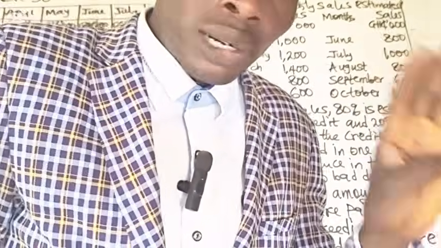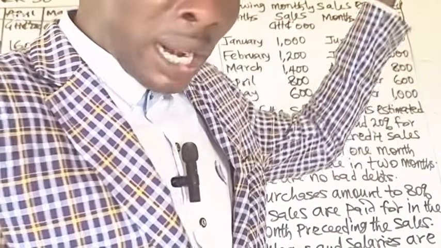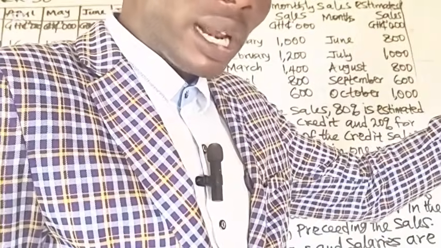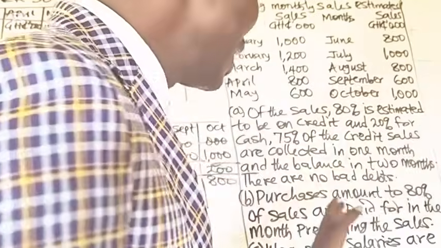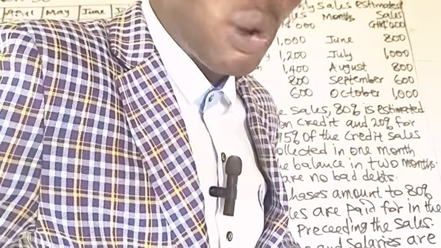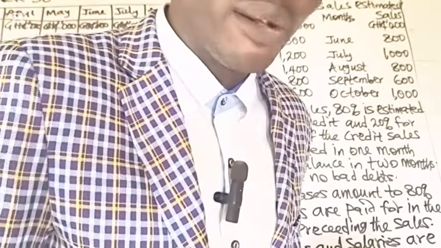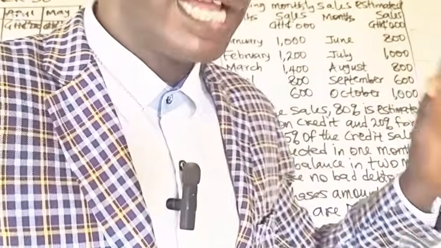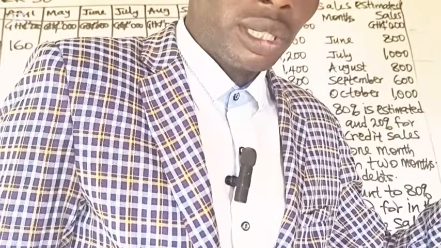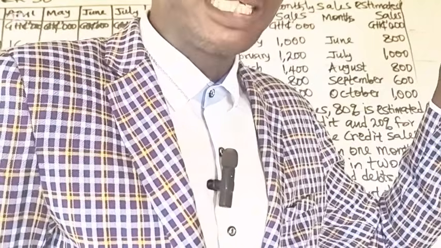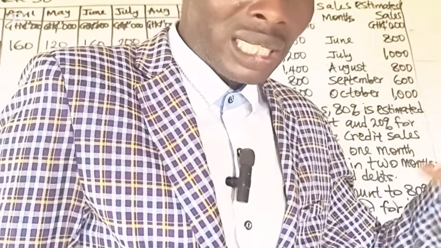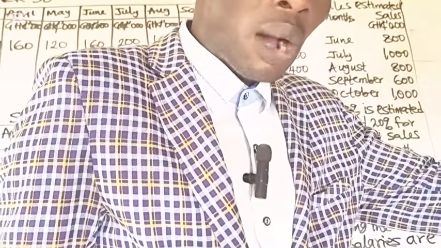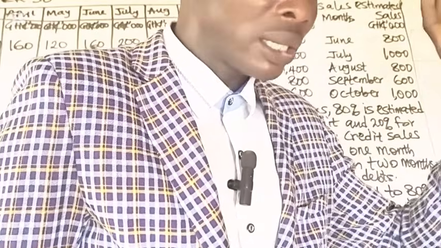Of the sales made in January, 75% of it will be collected in February. Of the sales made in February, 75% will be collected in March. It means we assume that the sales were made towards the month end. The sales were made at the end of each of the months. That is the assumption. If sales were made at the end of each of the months, then 75% of the March credit sales will be collected in 1 month. That means that will be collected in the month of April, in that order.